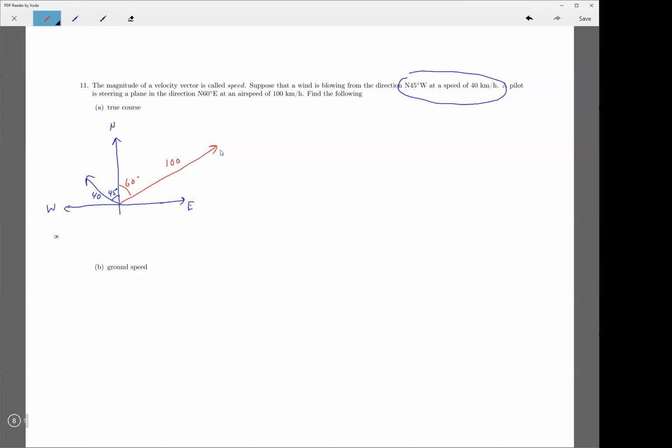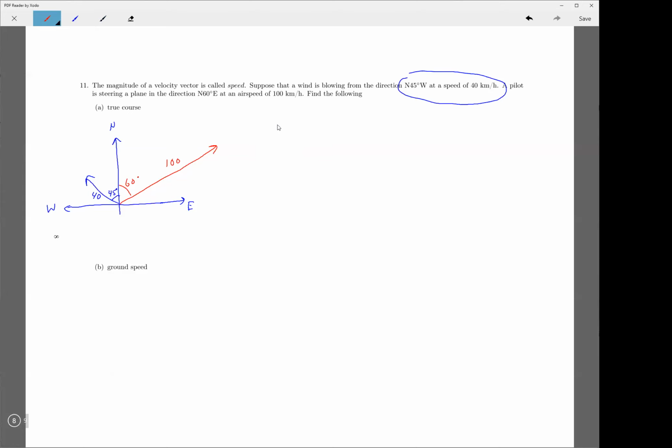So basically, we just need to add these two together. But adding them together is no good because you can't add them if they're in the magnitude slash direction form. So we're going to put them in component form.